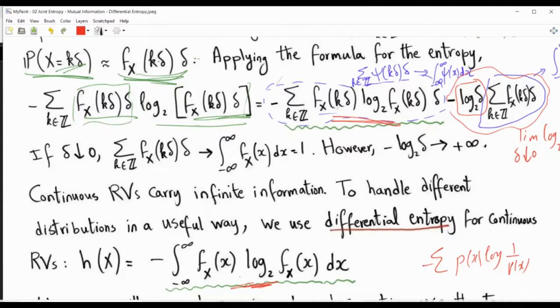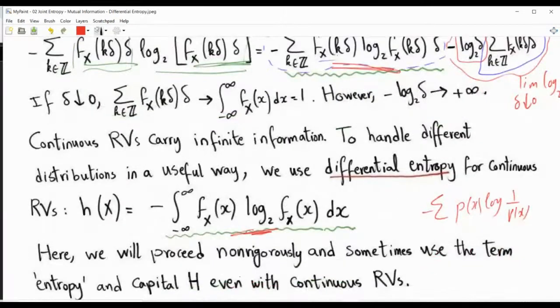Sometimes I may be referring to differential entropy but I will just use entropy. For users of information theory, it is as if the sum is changed into an integral and the PMF is changed into a PDF, but of course there is a story there.